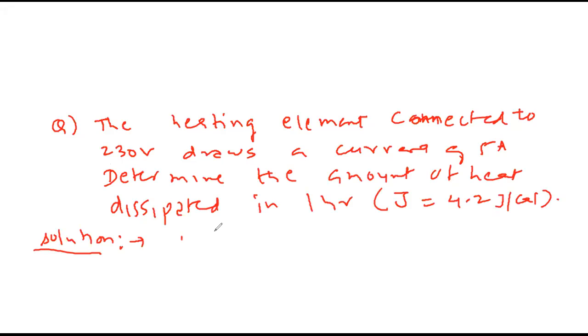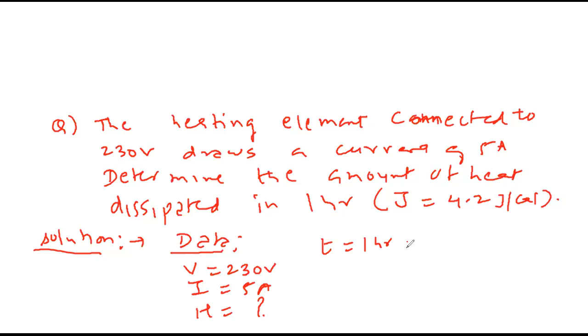Heating element is connected to voltage of 230 volt, draws current of 5 ampere, find heat developed or dissipated in 1 hour, that means 3600 seconds.